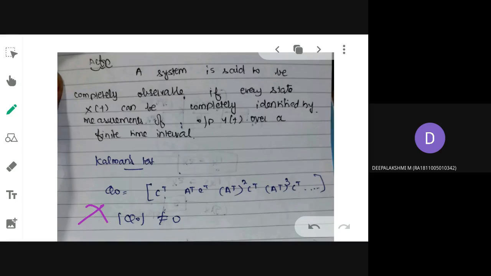There are other methods also for proving complete observability and controllability, but this method is very easy if you know the formula for Kalman's test. Once you are done with taking the statement, you tell me. Okay, I will show you the question for the problem that we will solve.